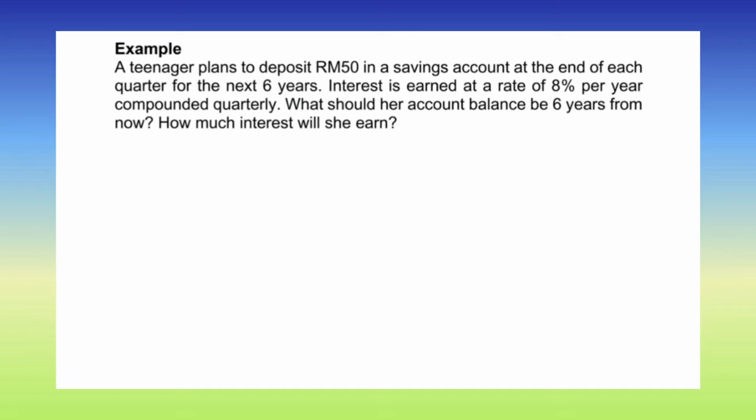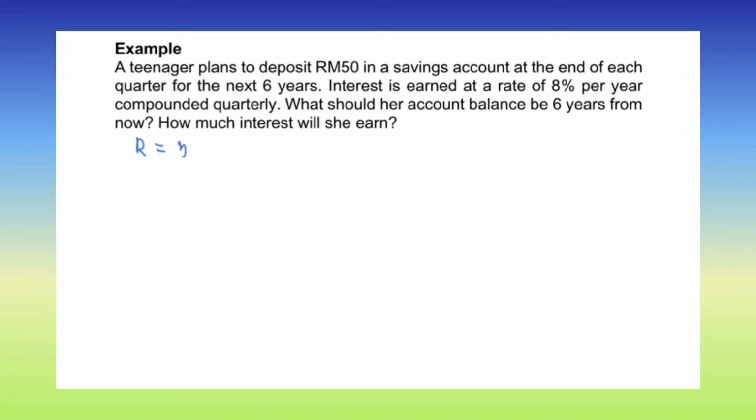A teenager plans to deposit RM50 in a saving account at the end of each quarter for the next 6 years. Interest is earned at a rate of 8% per year compounded quarterly. What should her account balance be 6 years from now, and how much interest will she earn? So list down all the information given.